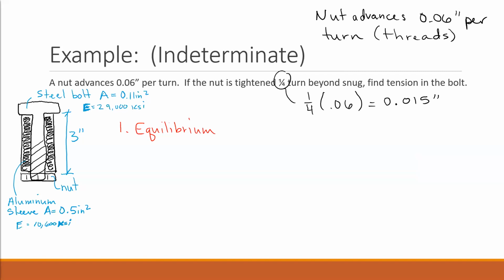So what that's going to look like is if I have this shell around, that nut advancing is going to put compression into that shell.